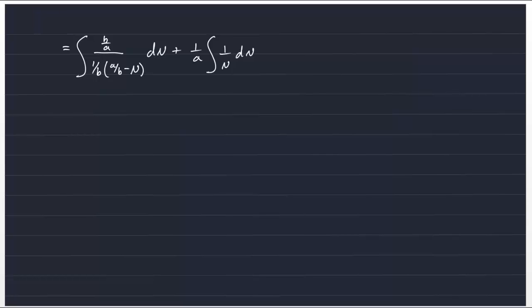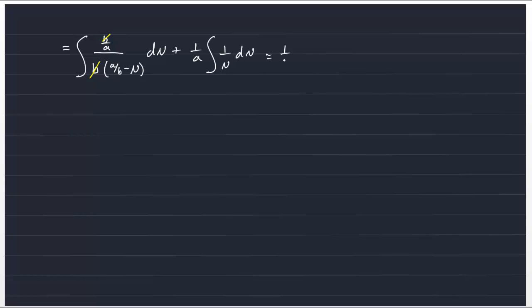Sorry, I'm factoring out a b in the denominator, not a 1 over b, because I did that wrong. So this should be b. When we multiply this through, we get a minus b times n, which is what we started with. And so the b in the denominator cancels with the b in the numerator.